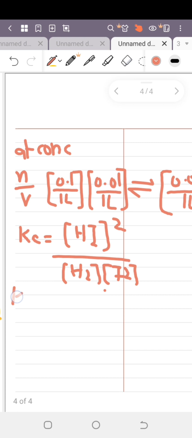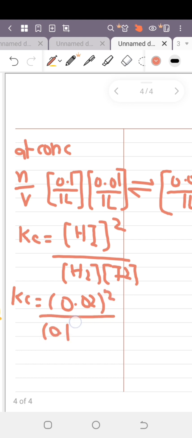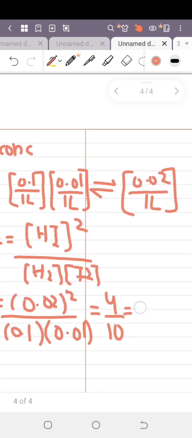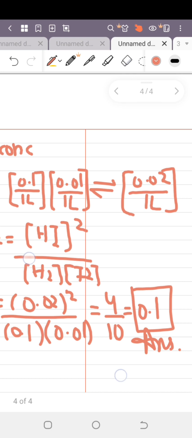Kc equals 0.02 squared divided by 0.1 times 0.01. When you calculate this, it comes to 0.4. So from this equation you got Kc.